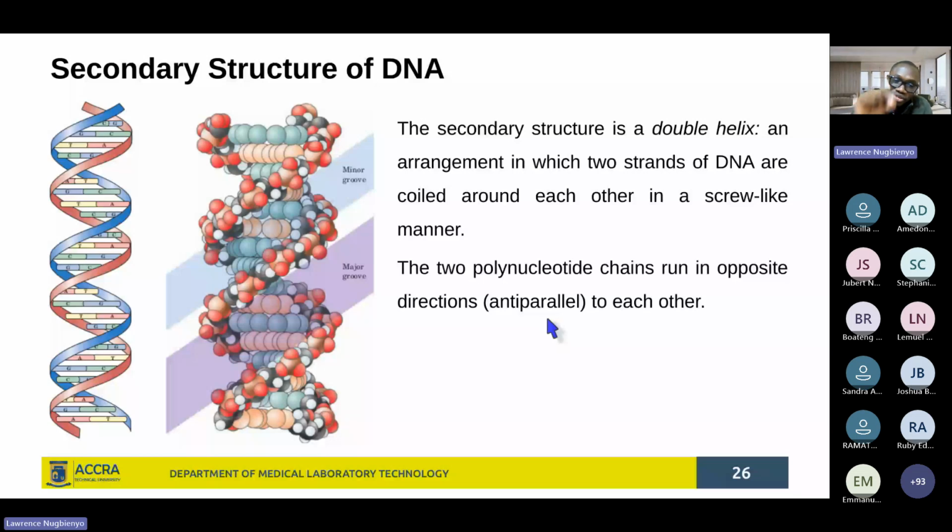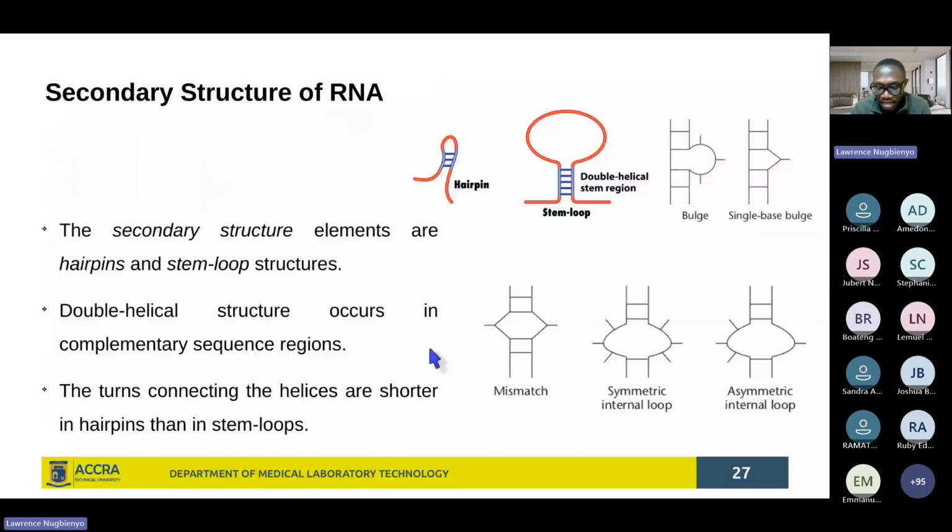You can even just draw two straight parallel lines, and then you have 5' written at the top, 3' down for one, and for the other one, the opposites, 3', 5'. Just to show that these strands are running anti-parallel to each other. Right, so that's about the secondary structure of DNA.